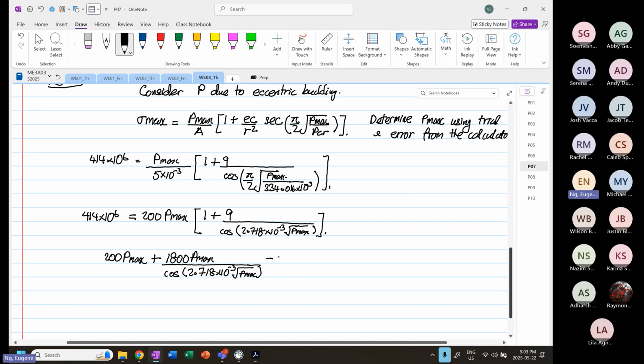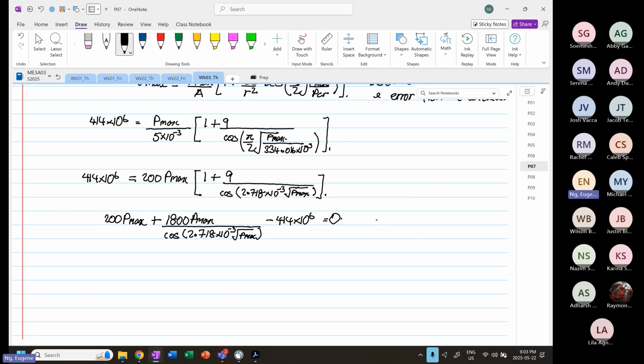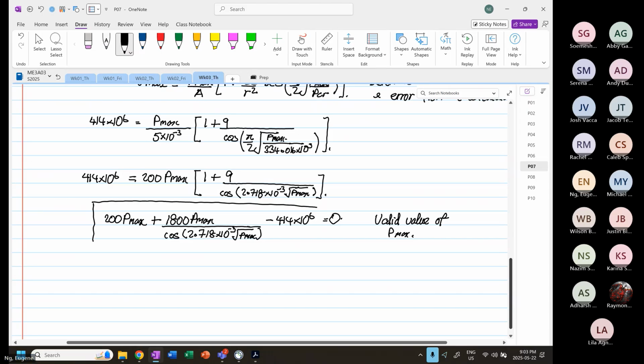And then we have minus 414 times 10 to the power 6. This whole thing will be equal to 0. So to get the valid value of P max, the whole expression over here, if you use the right value, must be equal to what? 0.